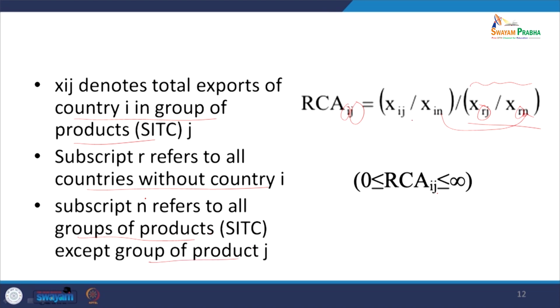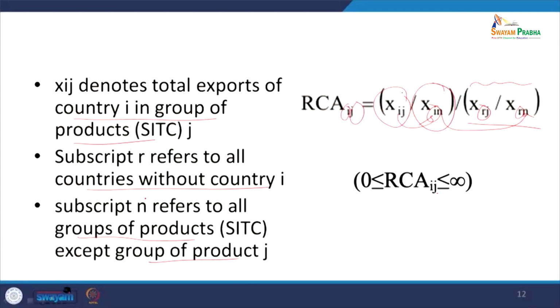Okay. So, what happens? This is basically country I for a particular product J out of total exports of that particular country, out of the total exports other than that particular product in the particular country I. Here we are discussing J, and here we are sticking to the product called I only, that is the ith industry, where it is other than the ith industry.